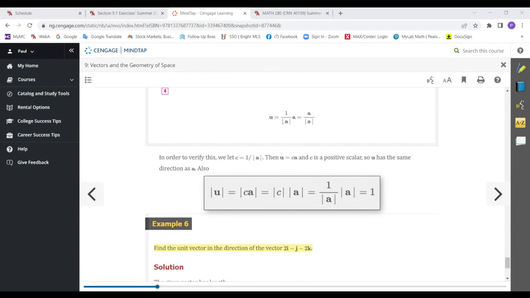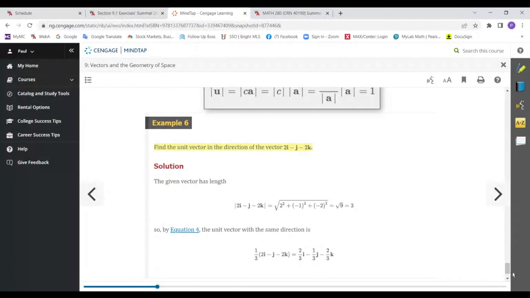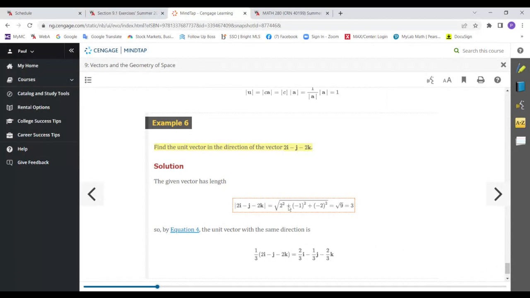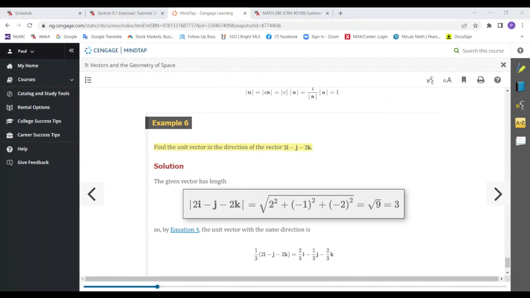So anytime you want to find the unit vector of a vector, you simply compute the length of the vector.